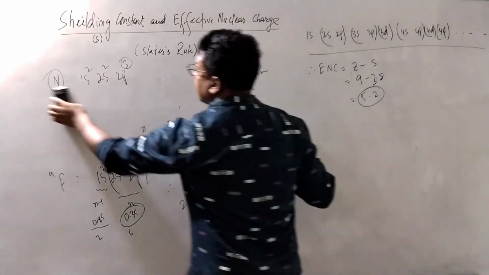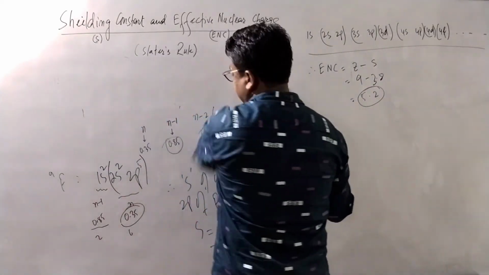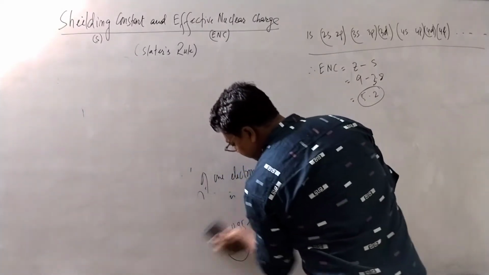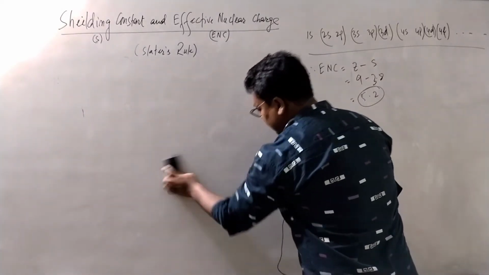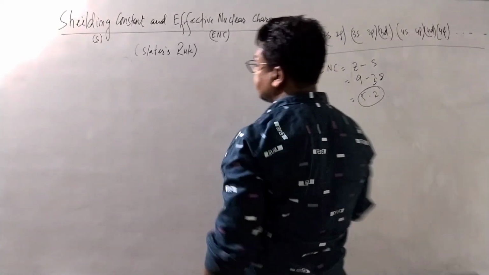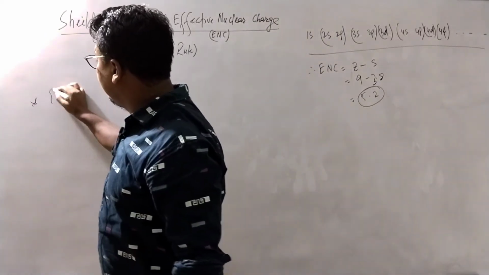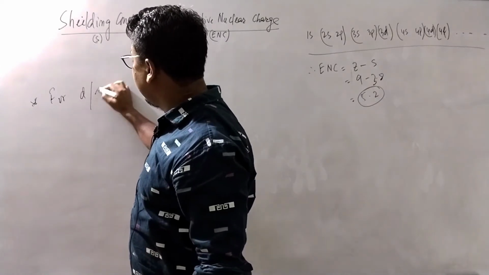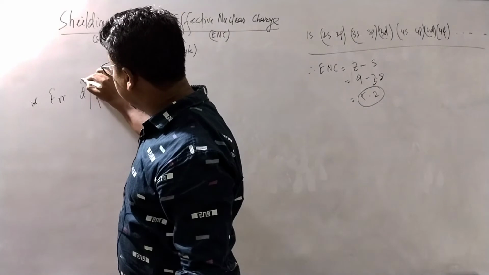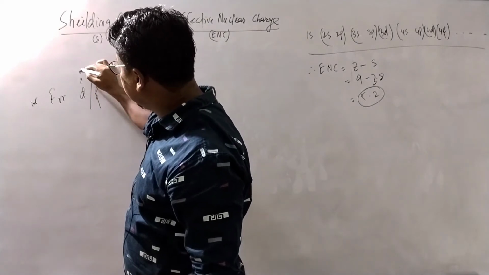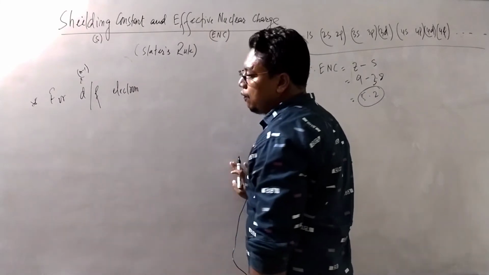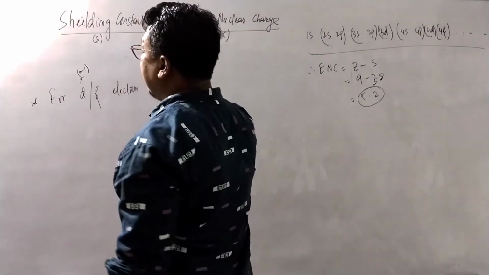Okay, for d and the f electrons there is a slight change in the rules. For d or f electrons, and remember d will be n minus 1 d actually.